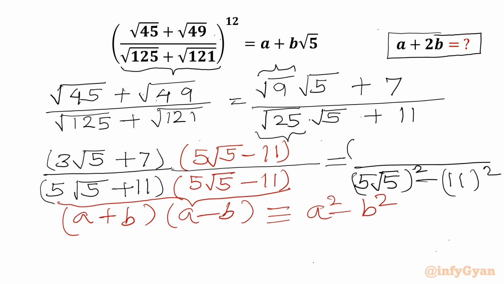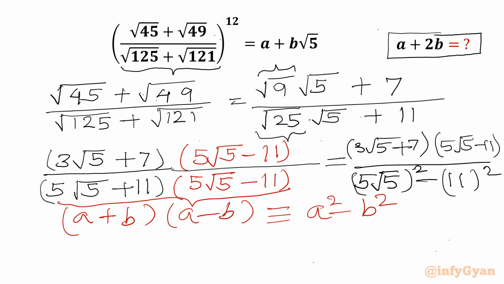And the numerator will be 3 root 5 plus 7 times 5 root 5 minus 11. So 5 root 5 whole square will be 25 times 5, 125.